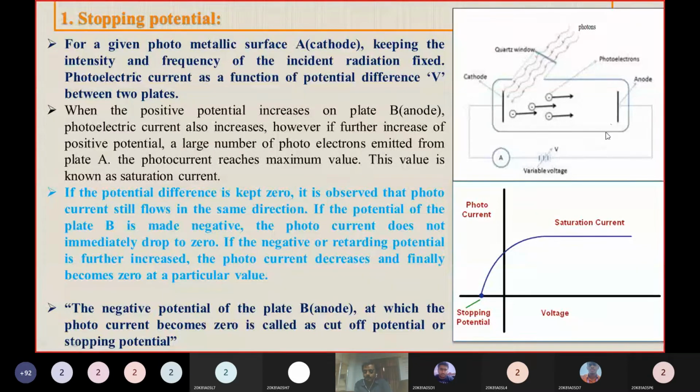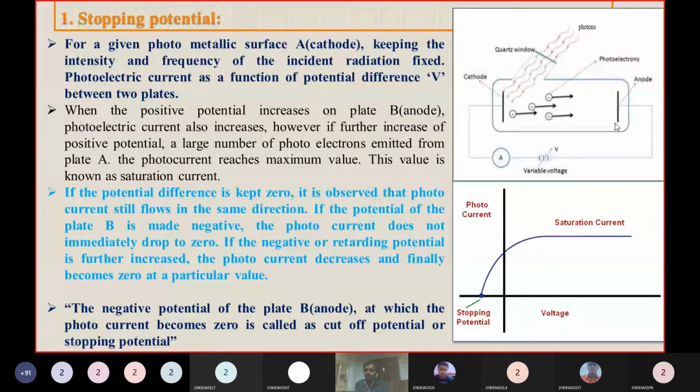At a particular potential, all electrons reach the anode. So if you increase the potential difference further, the number of electrons does not increase.